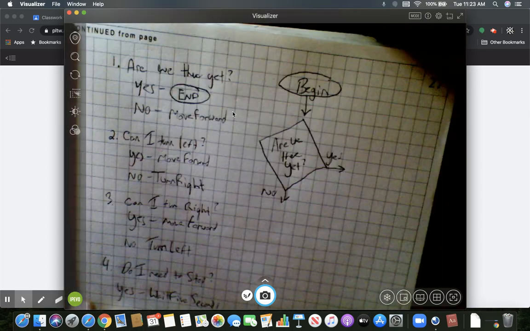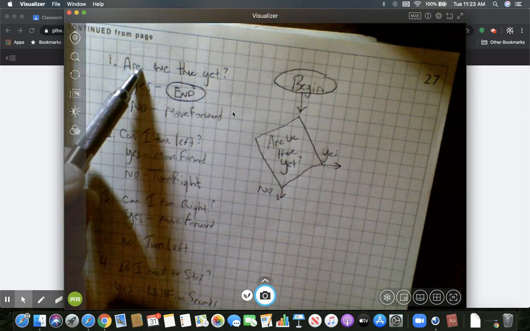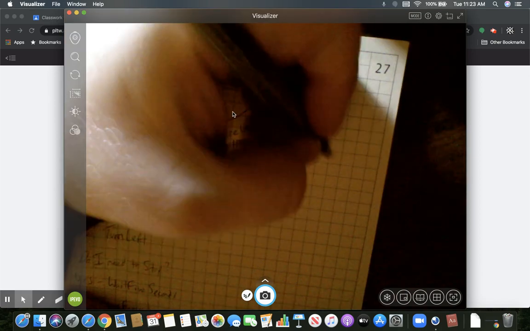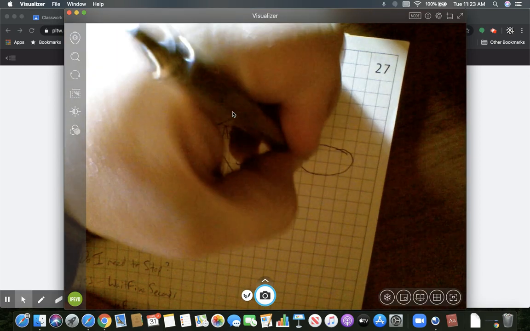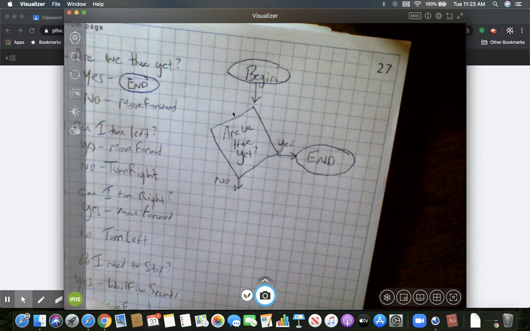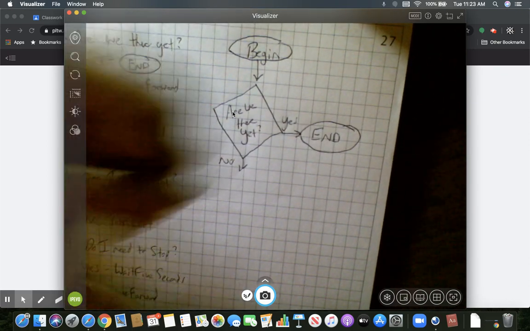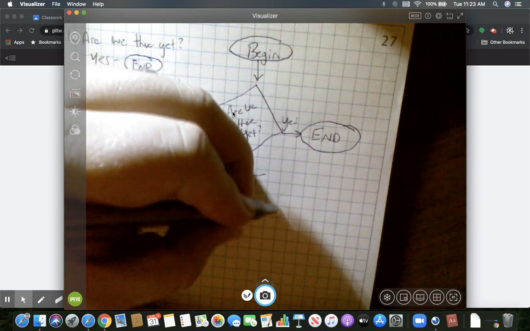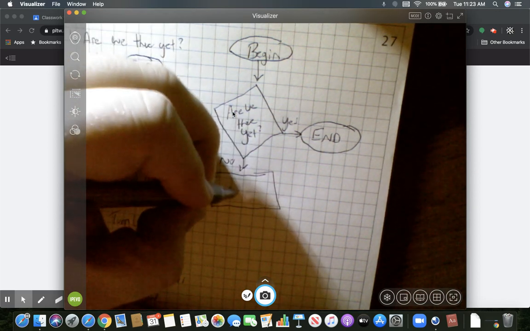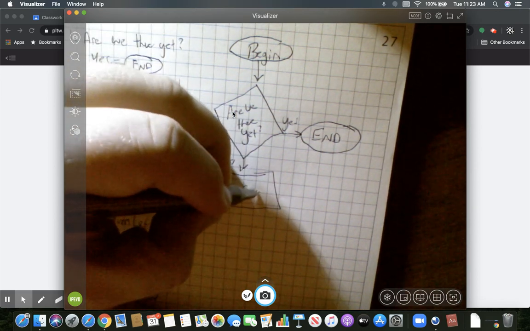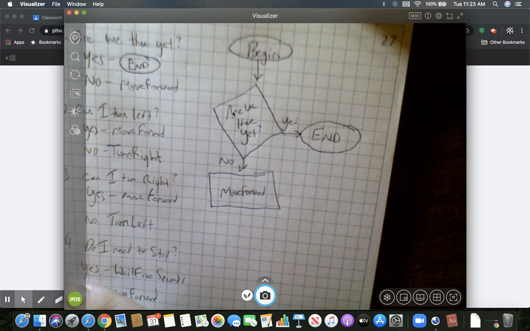So as we said in our statement to the left here, are we there yet? If yes, that's the end. So if our bus was sitting in the parking lot, that would be all we need. If no, move forward. So we're going to put that box in here. Move forward. Okay?